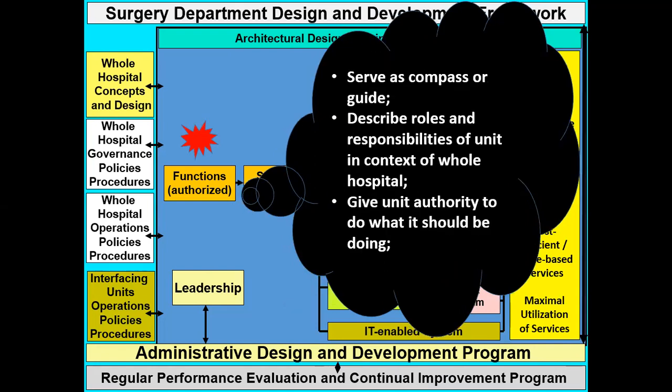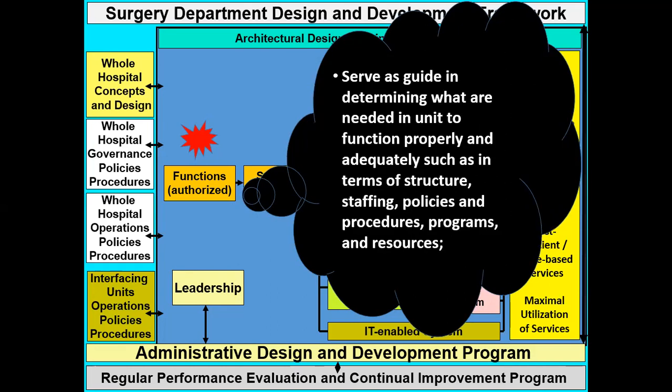The authorized functions serve as a compass or a guide, describe the roles and responsibilities of the department in the context of the whole hospital, give it authority to do what it should be doing, and serve as a guide in determining what are needed in the unit to function properly and adequately, such as in terms of structure, staffing, policies and procedures, programs, and resources.